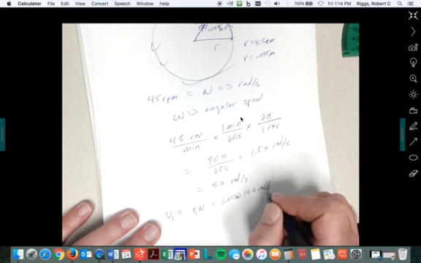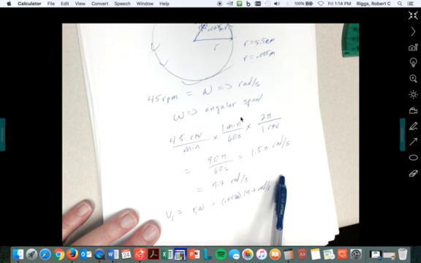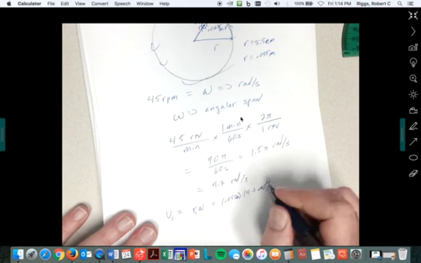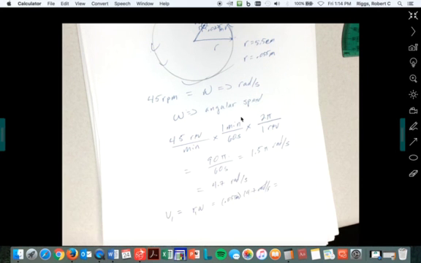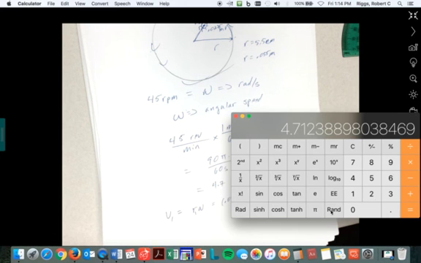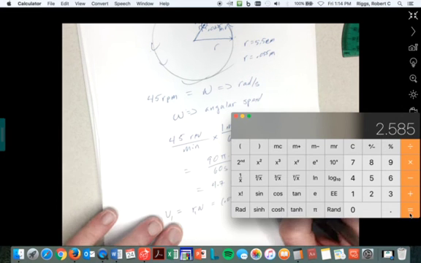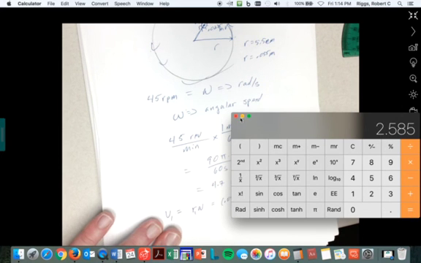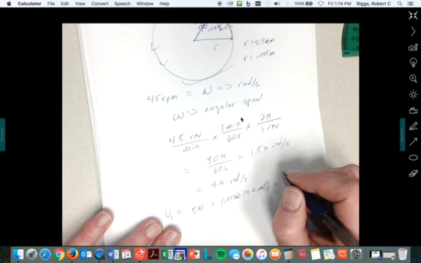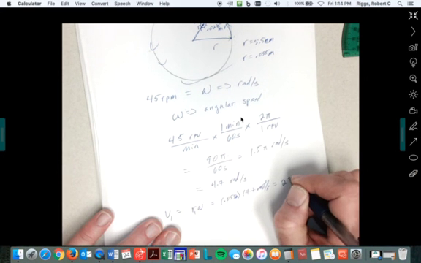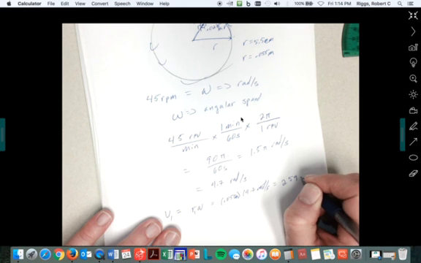These meters, they fill in for that radians. Radians are dimensionless. So you go 2.59 meters per second.